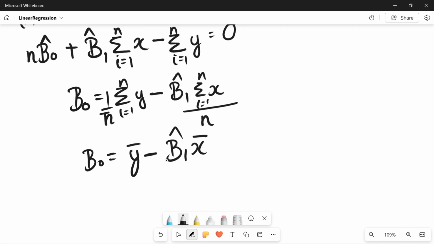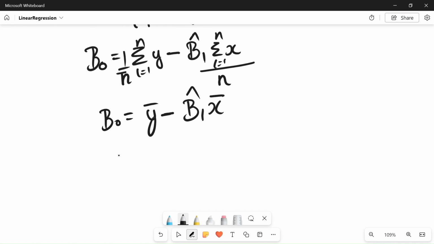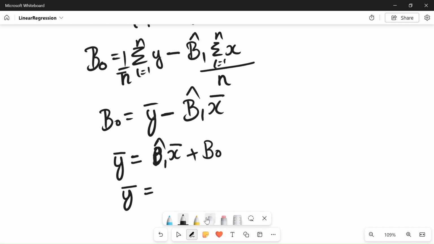Now if you observe, let me write it another way so that it's more visible to you what I'm trying to make you observe. So y bar equals beta 1 hat x bar plus beta naught.